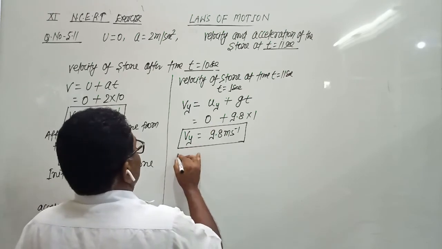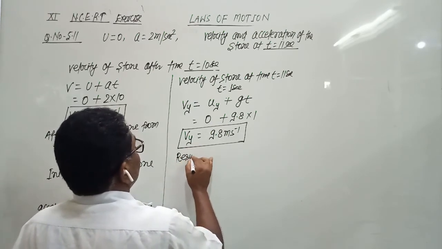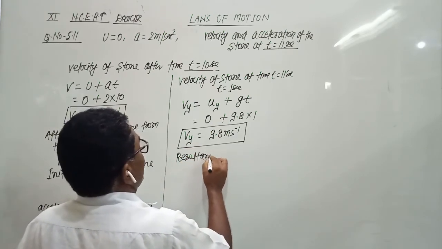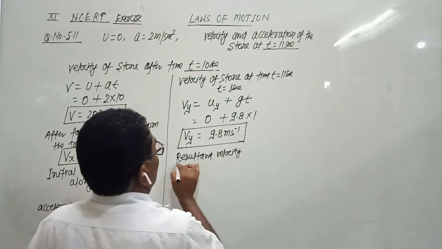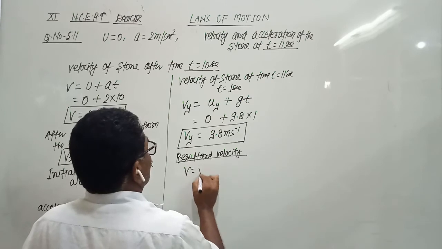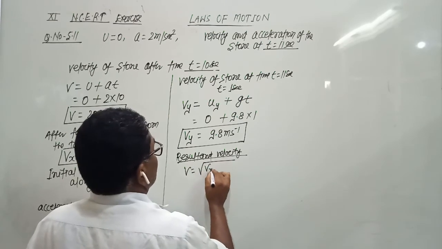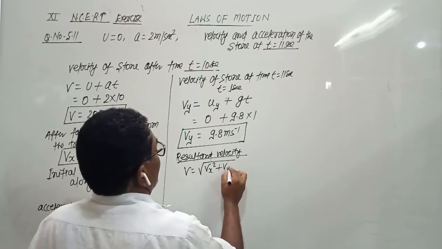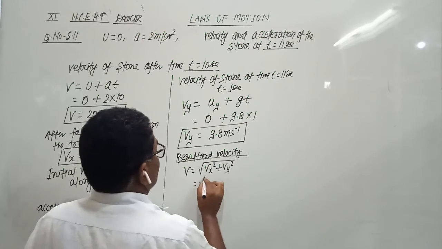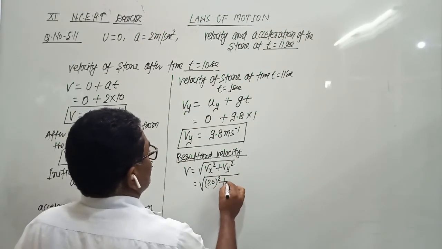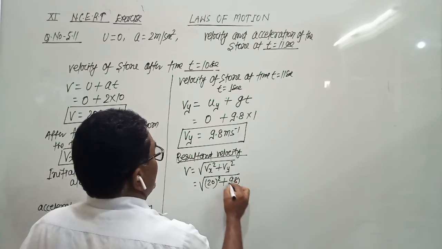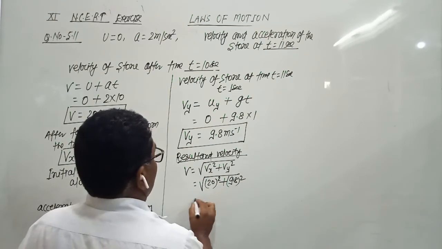Now we find the resultant velocity. The resultant velocity is calculated using the formula V equals the square root of Vx square plus Vy square, where Vx is 20, squared, plus Vy is 9.8, squared.